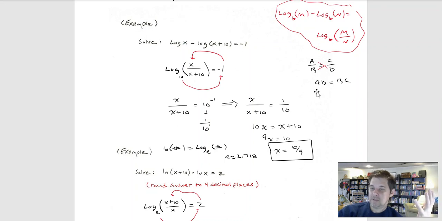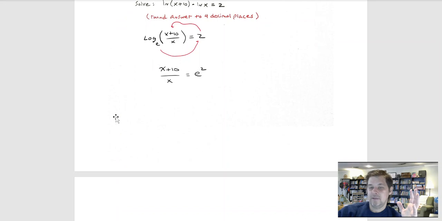Okay, all right, so that's when cross multiplication can be applied and how to apply it. Okay, so I've got that over here. Maybe I'll make it a little bit more bold by putting this with a 1 like that. All right, so let's cross multiply. I'll get x plus 10 times 1. And then I'll get x times e squared.